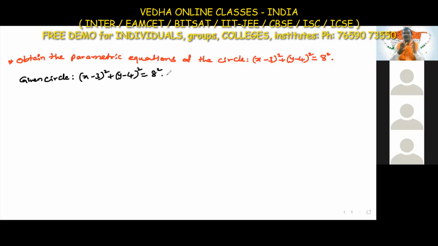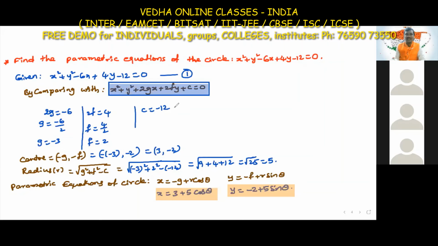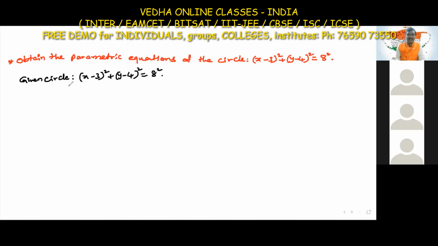If we expand it, we get the general equation form, like the previous solution, but that is a little bit lengthy way. Since there is another circle equation form, we directly compare with that equation: (x minus h) whole square plus (y minus k) whole square is equal to r square, the equation of the circle with center (h, k) and radius r.